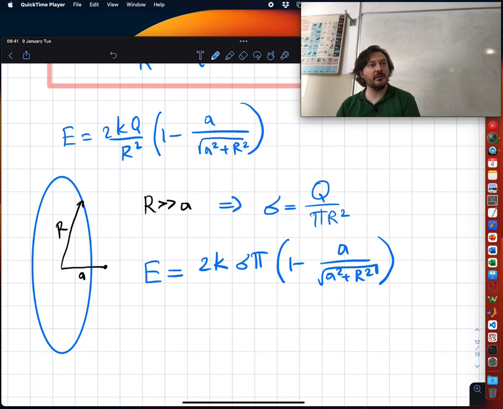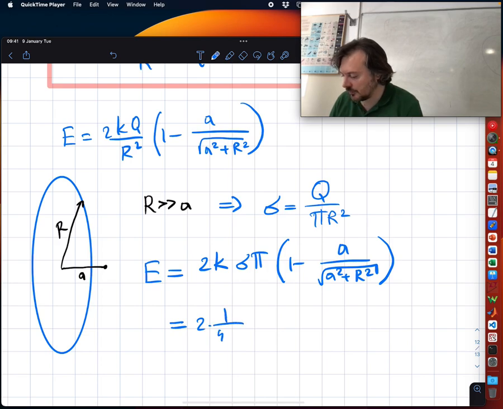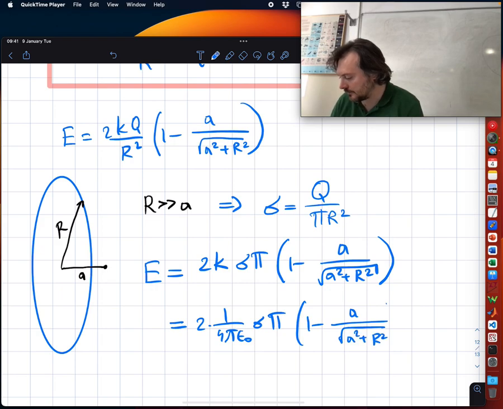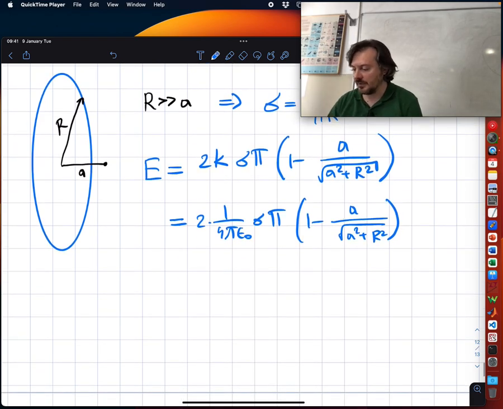Do you agree so far? Now k is 1 over 4 pi epsilon 0, so sigma pi times (1 minus A over the square root of A squared plus R squared). So these pi's go away, and I'm left with this beautiful formula.